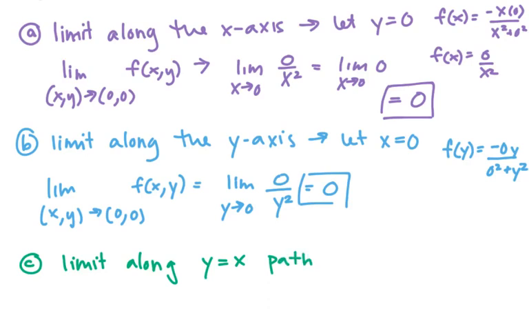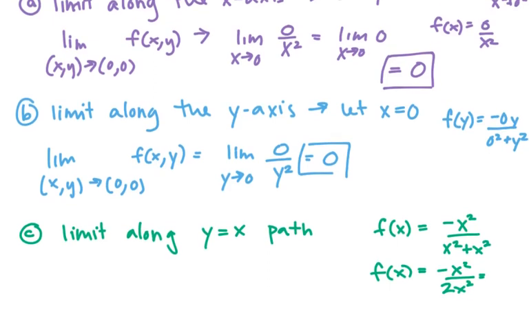In order to do this, we're either going to replace all of the x's with y's or all of the y's with x's to make that new function. So I'm going to replace all of the y's with x values. And so that ends up giving me negative x squared over x squared plus x squared, negative x squared over 2x squared, which simplifies to negative 1/2.